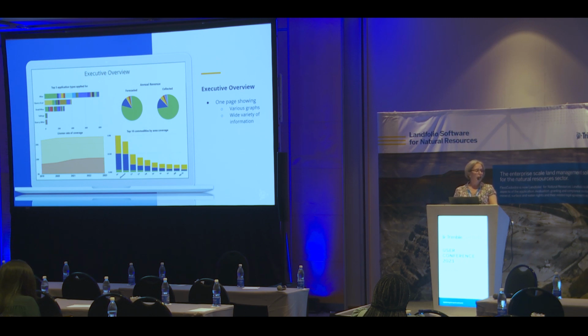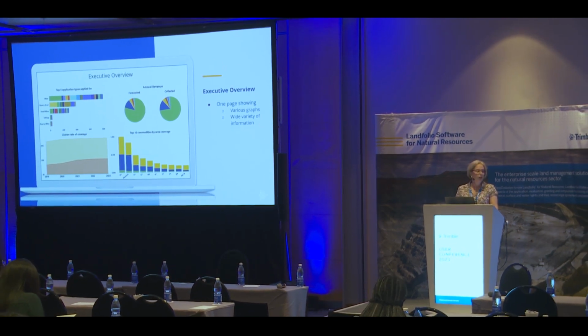A dashboard can consist of many pages, and it's ideal to have an executive overview as the beginning of your dashboard. There can be lots of different information included, different types of graphs, different types of data covered, and that can be in terms of your applications, your active licenses, the evolution of those.